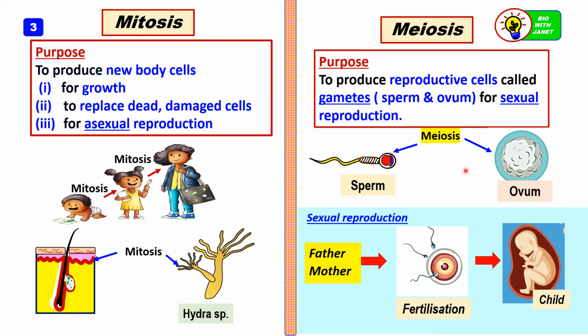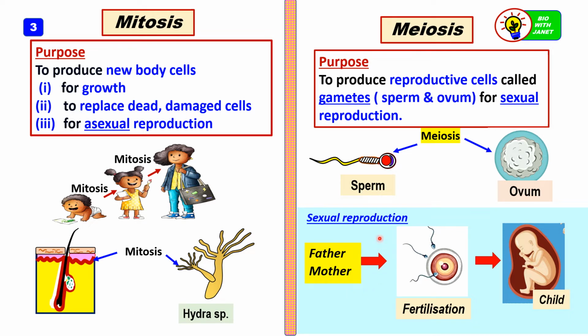After that, these two cells will take part in sexual reproduction, whereby the sperm will fertilize the egg during the process of fertilization. So the nucleus of the sperm will fuse with the nucleus of the egg or the ovum. And then a zygote will be formed that will undergo growth to become a child or an offspring of the parents.